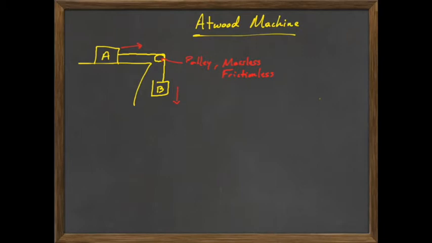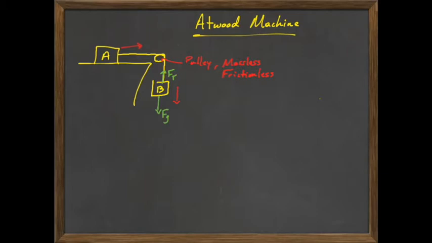We're going to get more into that when we cover rotations. But for right now, consider it massless and frictionless, which means that when B wants to fall downwards, that's because gravity's pulling it down, and therefore the rope applies a tension upwards.